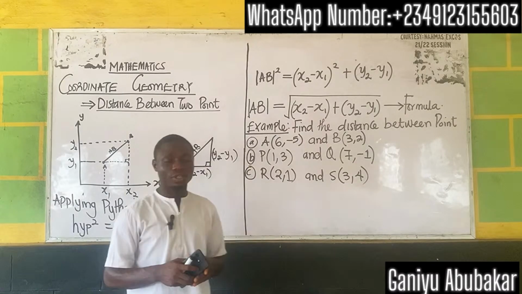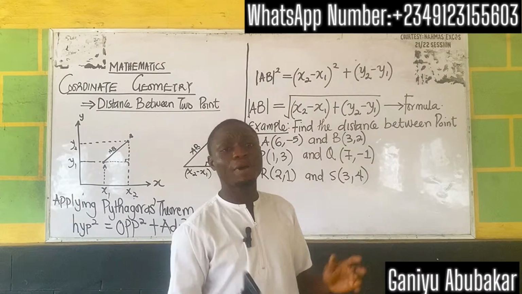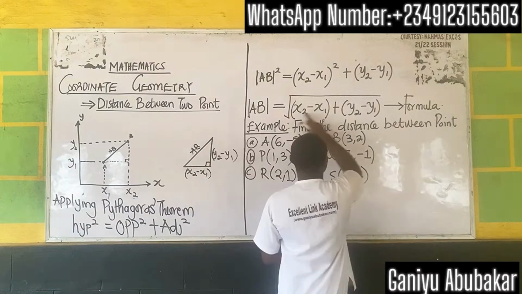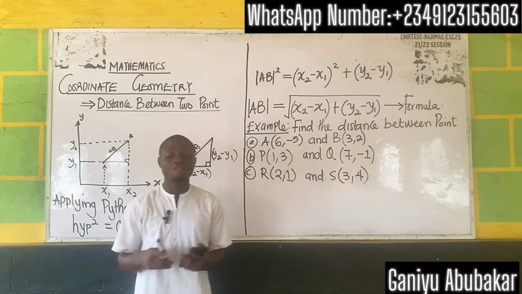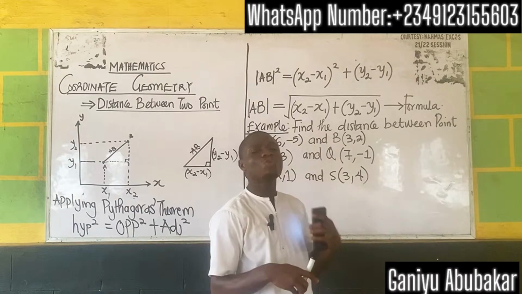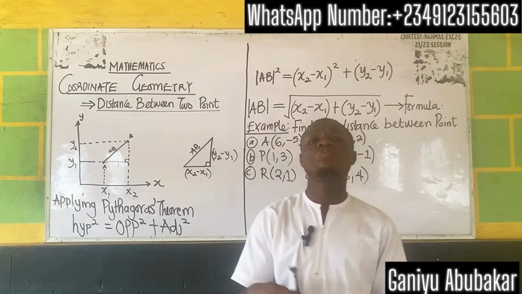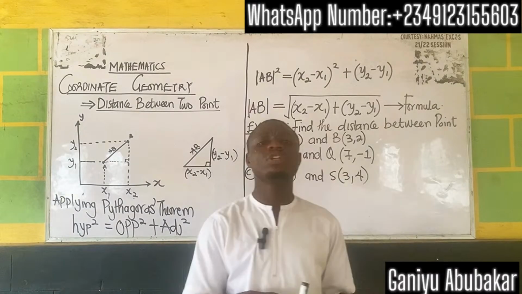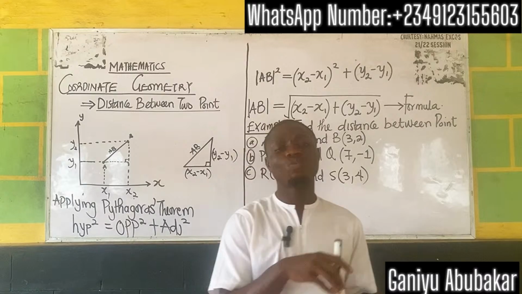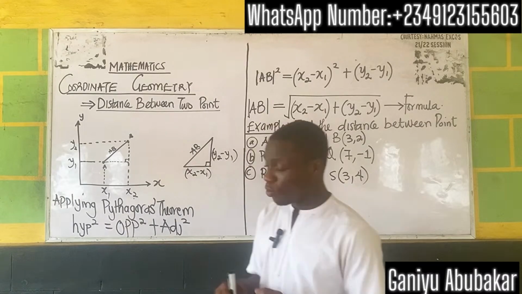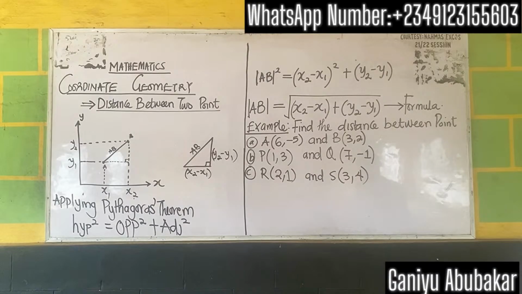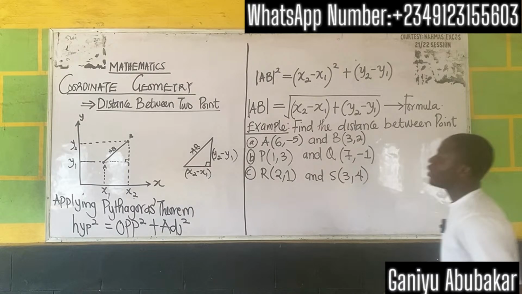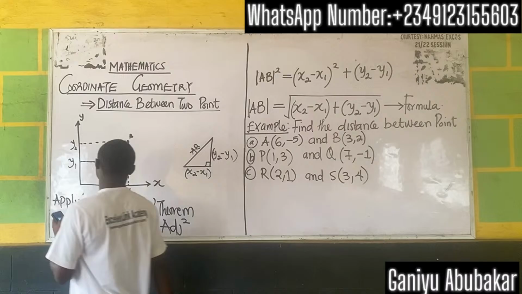Let's get this done. It's easy, remember your formula, just apply your formula here, and that's all. So your first task is to identify which one is x1, which one is x2, which one is y1, which one is y2. Before then, please note, look up, please.